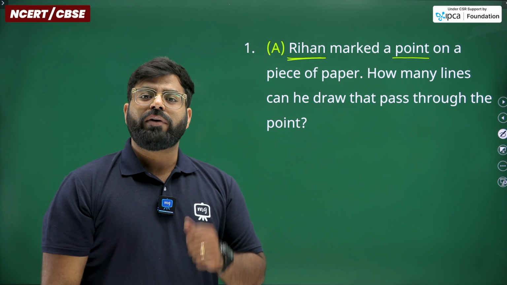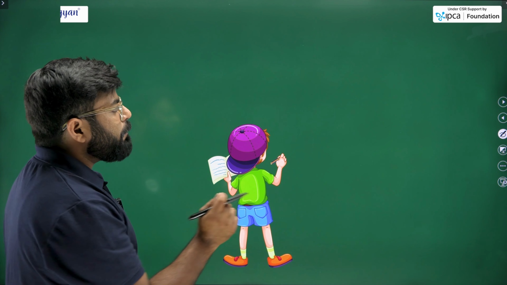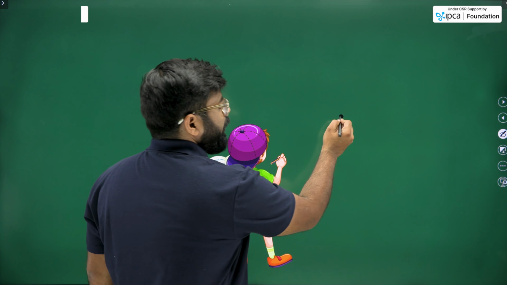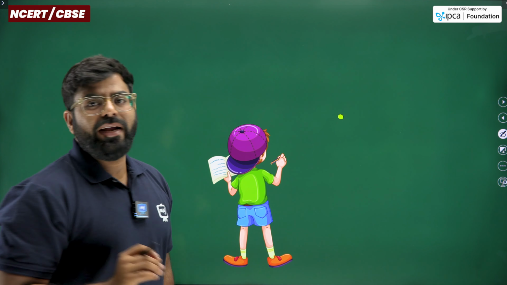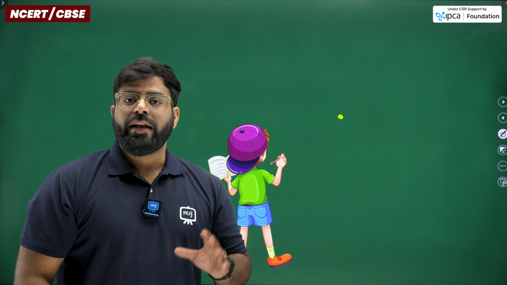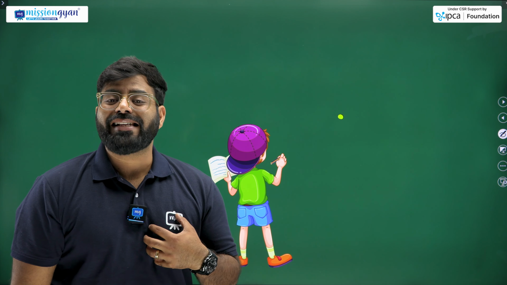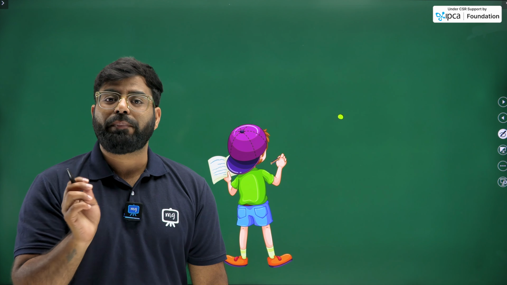So let's welcome Rihan on the screen. Here is Rihan on your screen. He's making a point on the screen. Is the point visible to you guys? Here is a point. Now he is asking how many lines can he pass through this point?